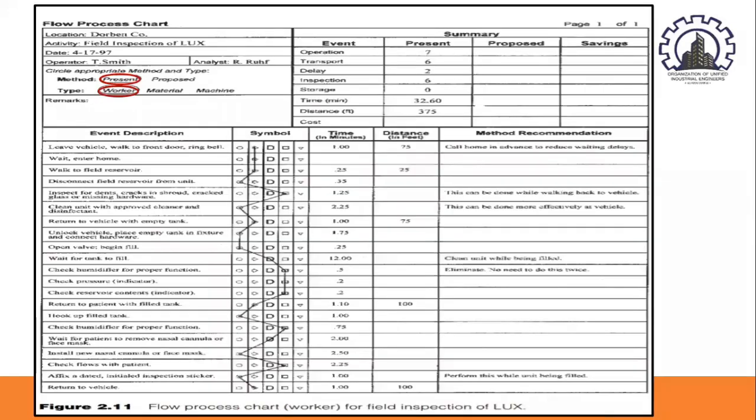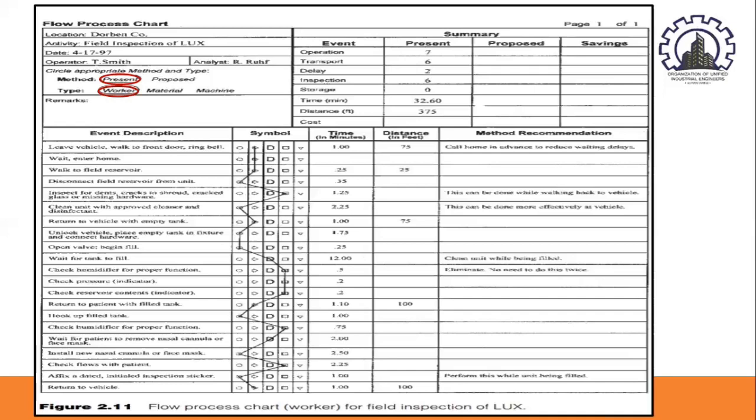And next up, we have another example of a flow process chart. In this case, it's already the worker that we are studying, right? Now, as you can notice, you have the event description, you have the symbols, and the time is already entered, so you can see the time taken by the operator in doing such a process, and you also have the distances traveled.